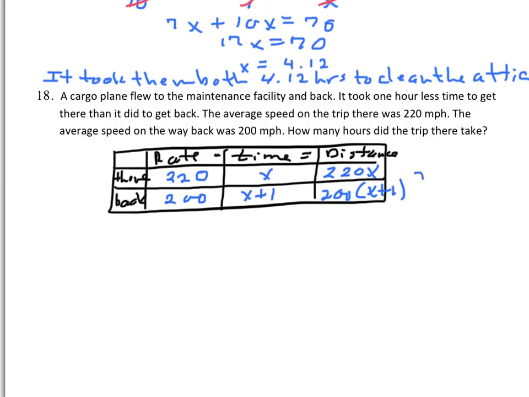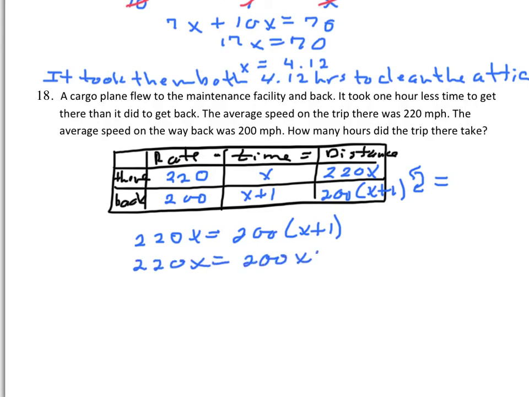The distance there is the same as the distance back, so we're going to set them equal to each other: 220x is equal to 200 times x plus 1. Distributing, that gives us 200x plus 200. Subtract 200x on both sides, that gives me 20x is equal to 200. Now I'm going to divide both sides by 20, and that leaves me with x equals 10.